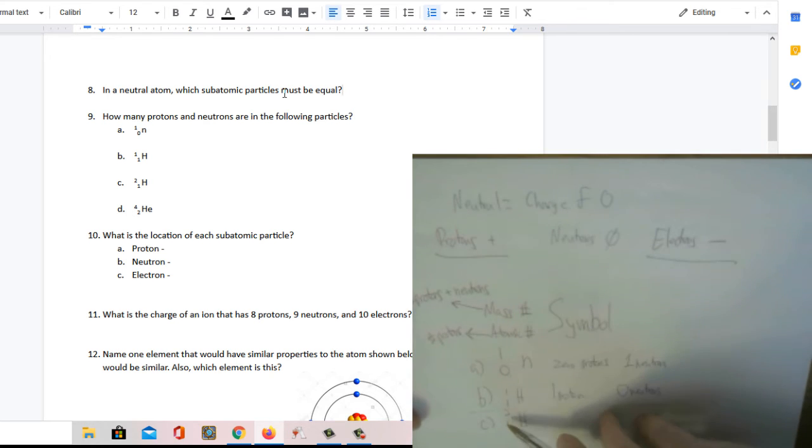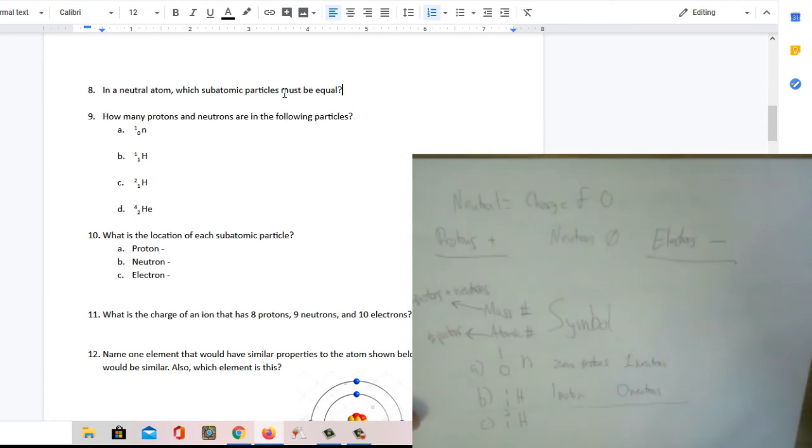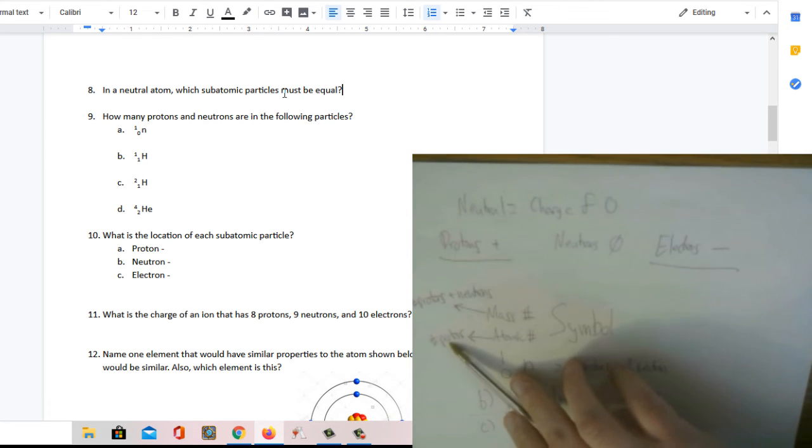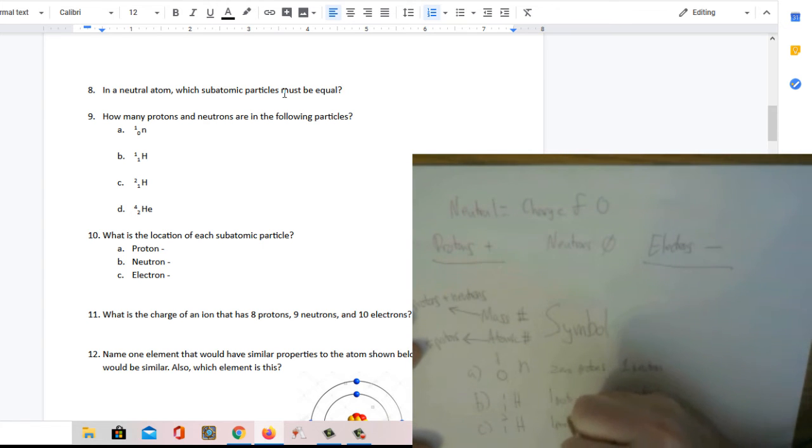So mass number is the top one here. So it's 2. That means there are 2 total protons and neutrons when combined. Mass number is 2. We have 1 proton. So if the mass is 2 and there's 1 proton, that means you have 1 proton plus 1 neutron. So you've got 1 of each.